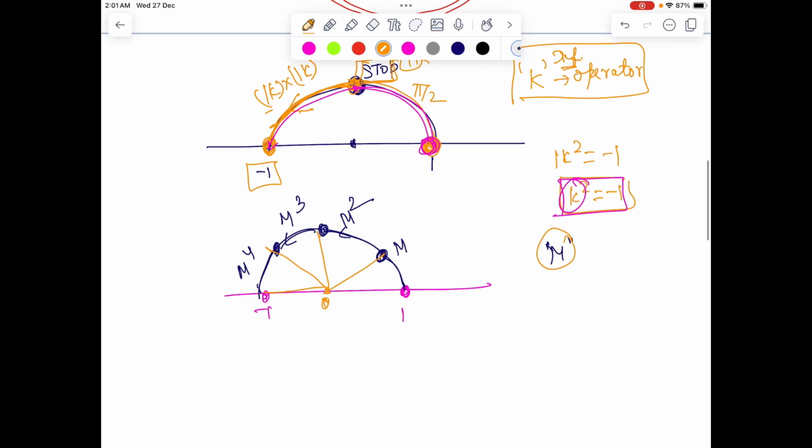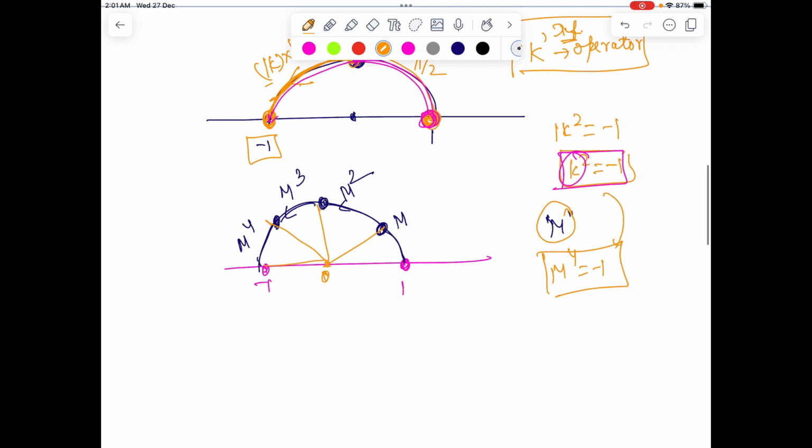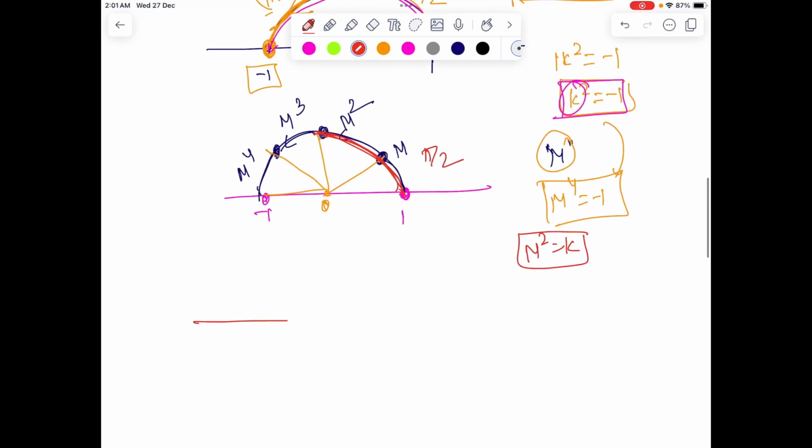So now this operator m will have a property m to the power 4 equals minus 1. This can be thought of like this as well, because m square is fundamentally rotation by 90 degree. And by definition, we have defined k to be rotation by 90 degrees, so m square becomes k. So like this, we can continue our stoppage as many times as I want in the movement from 1 to minus 1.